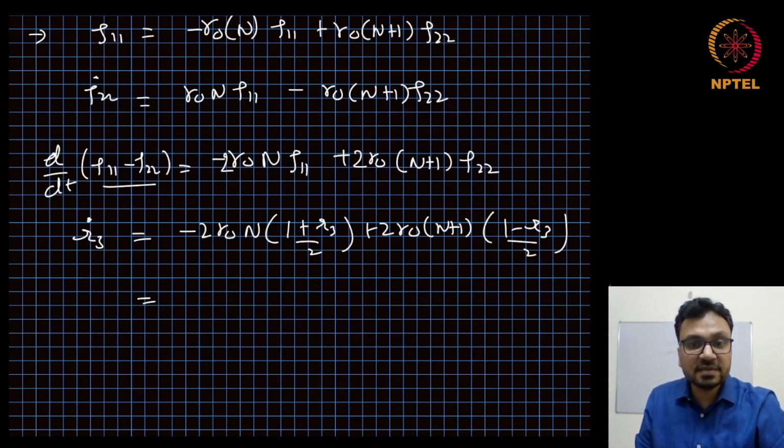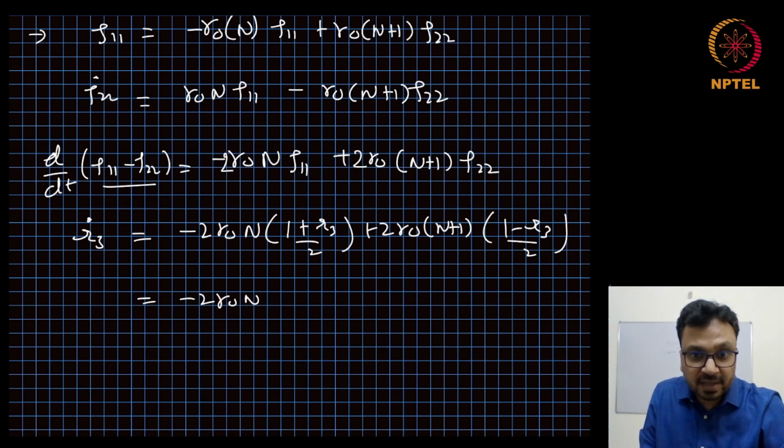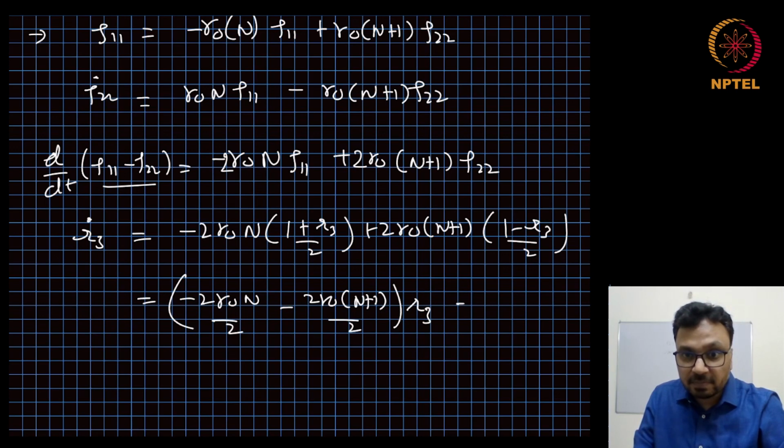From here we can collect the terms which contain R3 and which do not contain R3. So we get minus 2 gamma naught n over 2 from here, and from here we get minus 2 gamma naught n plus 1 over 2 for R3, and we get minus gamma naught n plus gamma naught n plus 1, which are independent of R3.